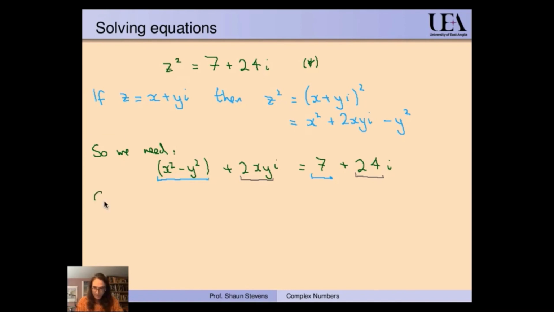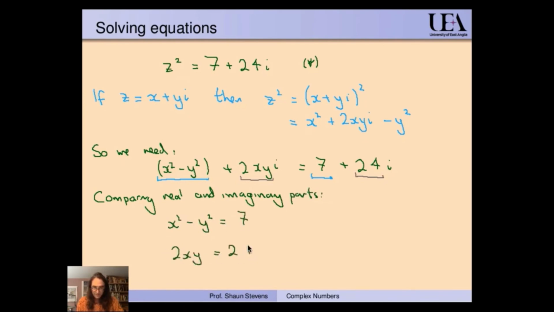So what we would write is comparing real and imaginary parts, we get two equations. The first one is x squared minus y squared is 7. And the second one is 2xy equals 24. So we have these simultaneous equations.